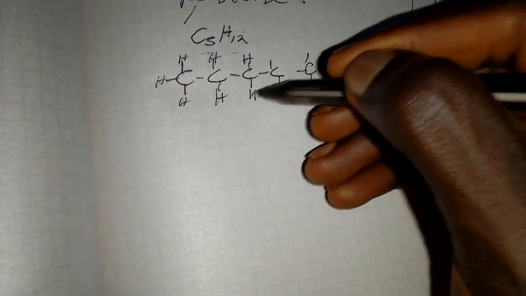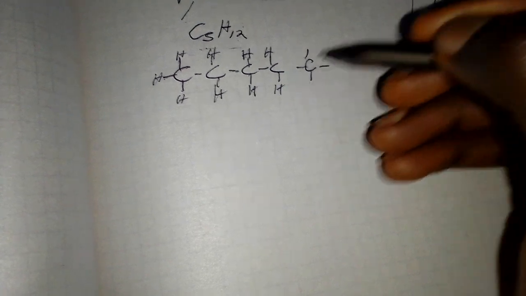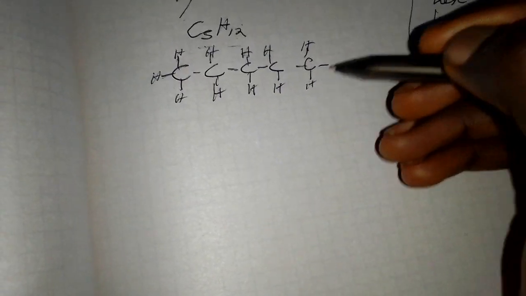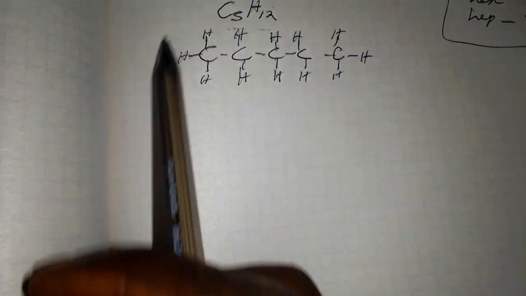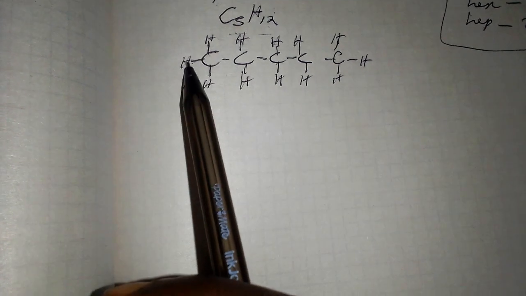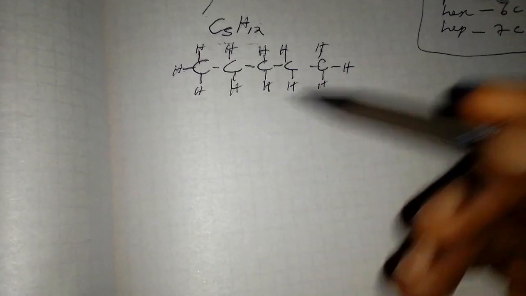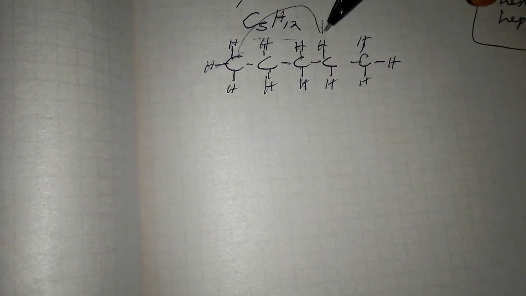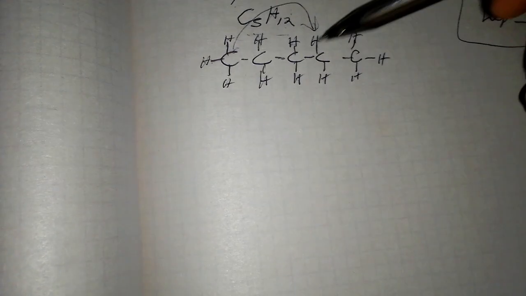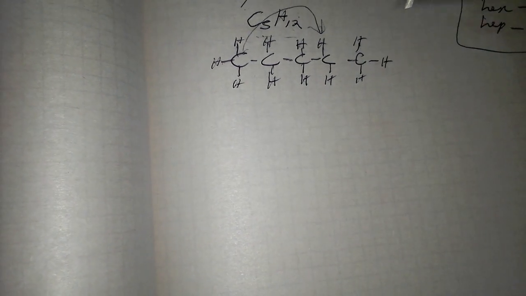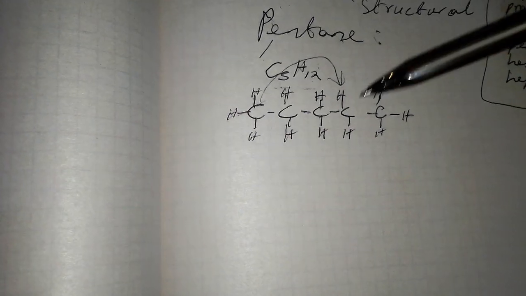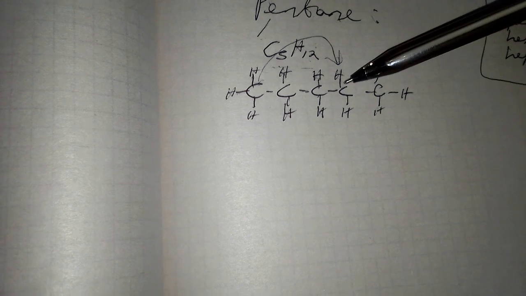Now what do we do to obtain the other isomers of pentane from the first isomer? What we do is we cut off the terminal carbon atom and replace it. That is, we take this carbon atom and place it on any of the carbon atoms in the middle of the chain. So we do branching of the group.